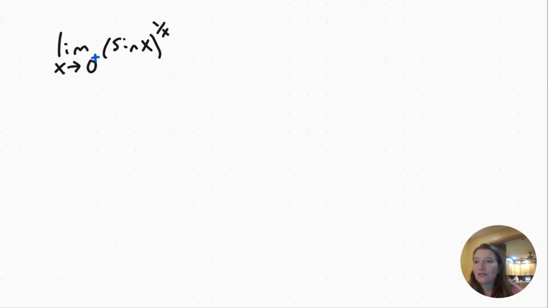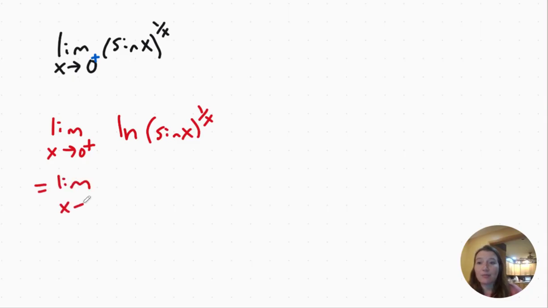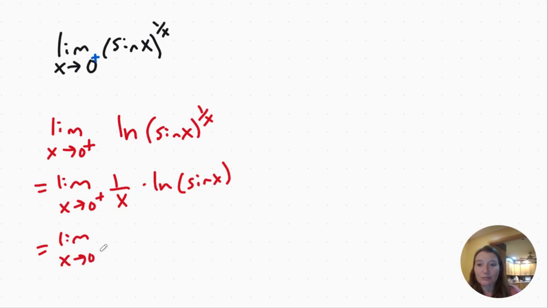Our strategy for these, we need to get that power out of an exponent situation. So I'm going to not write an equal sign here, but I'm simply going to consider what happens if I take the limit of the natural log of the expression that I'm given. Now I can apply a log law, a property of logarithms, to pull that 1 over x down. Now I can make this a fraction just using some algebra.